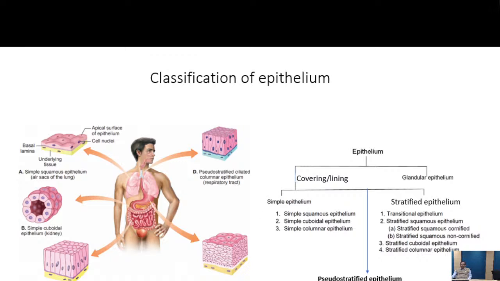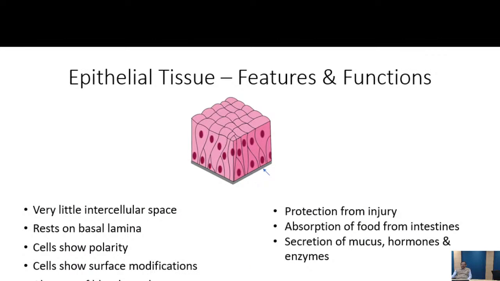Now, we have seen that there is a simple epithelium, a single layer of cells, and a stratified epithelium, multiple layers of cells, more than one layer. Now we come to another type of epithelium, which is called pseudo-stratified epithelium. You have seen this earlier.